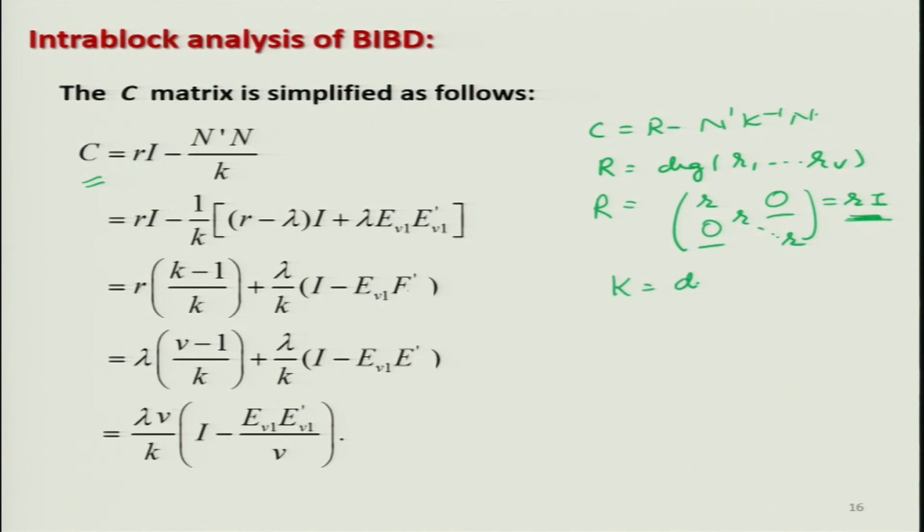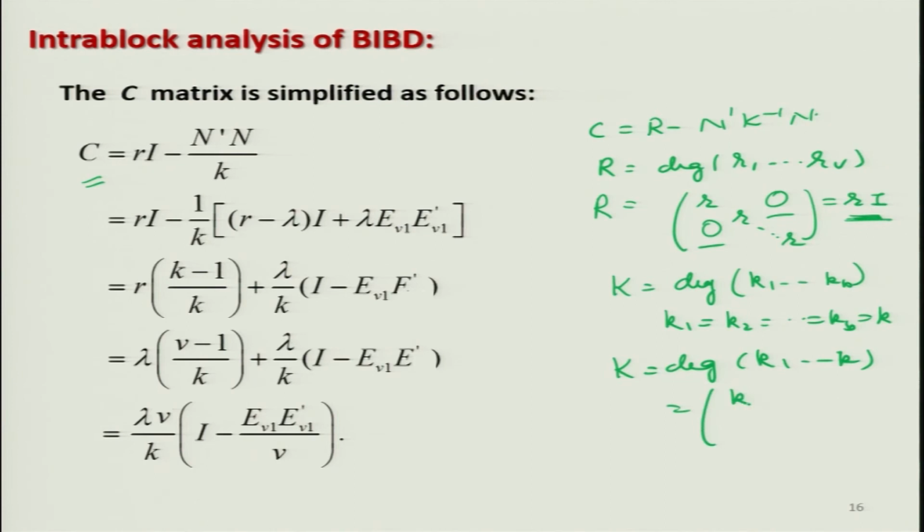If you remember, you had defined the capital K to be the diagonal matrix of K1, K2, Kb, and now in the case of BIBD, you are assuming that all K1, K2, Kb are the same, K. So, this K can be written as a diagonal matrix with K on the diagonal, and all other elements are going to be 0.